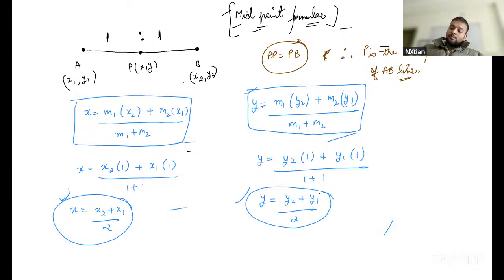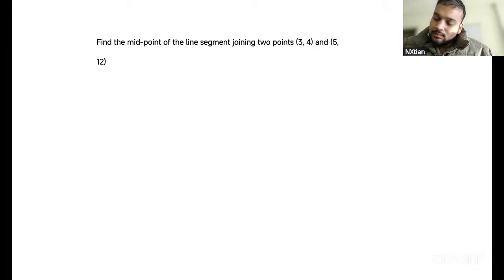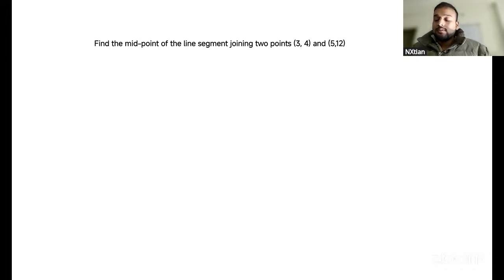So we will do one question based on it. This is the question: find the midpoint of the segment joining the 2 points 3, 4 and 1, 2.